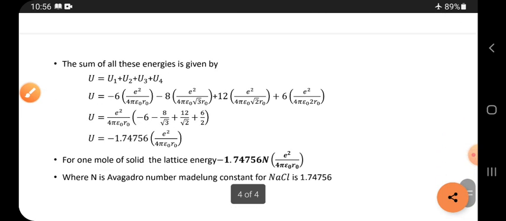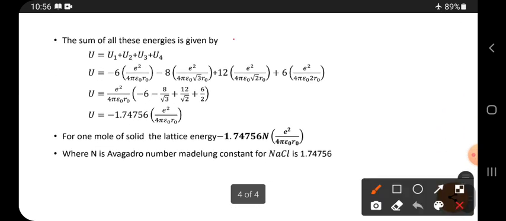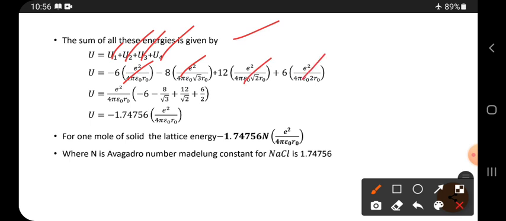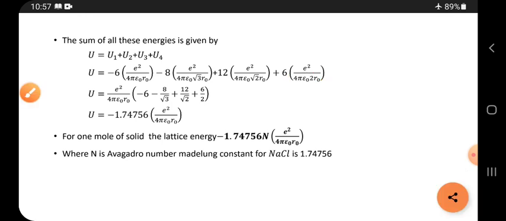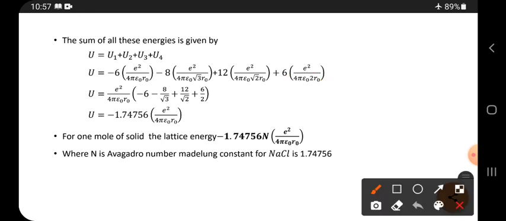And combining all these forces, the sum of these energies is given by U equals U1 plus U2 plus U3 plus U4. So already these two are minus and these two are plus, and there is a common factor, this bracket, so common is taken out of the complete bracket. So the common factor is e square by 4 pi epsilon naught into r, only r naught up to constant only, and the remaining r naught is also taken outside.